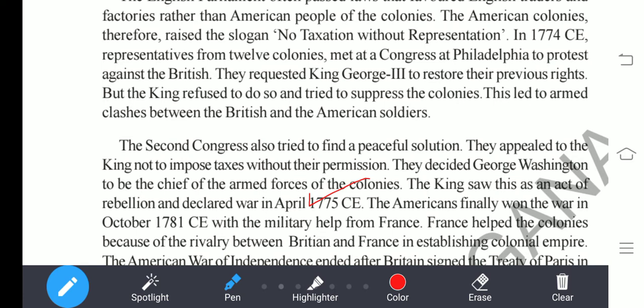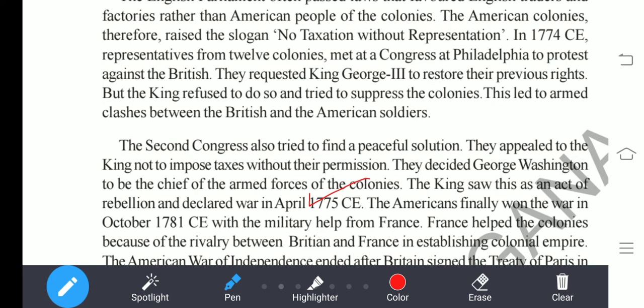Today we have a democratic system of government in which we are enjoying our rights. So the democratic system of government is the best form of government. Here the war was declared by the king in April 1775 Common Era.